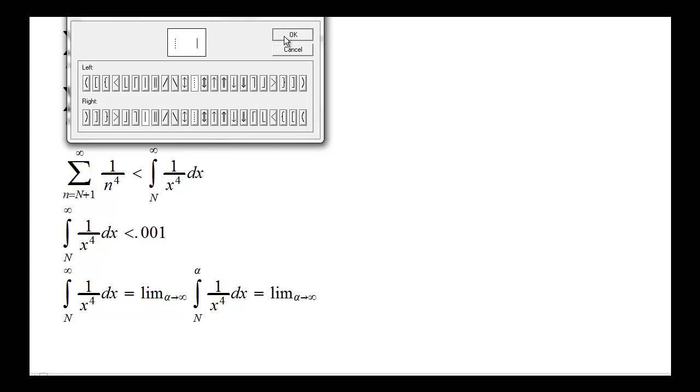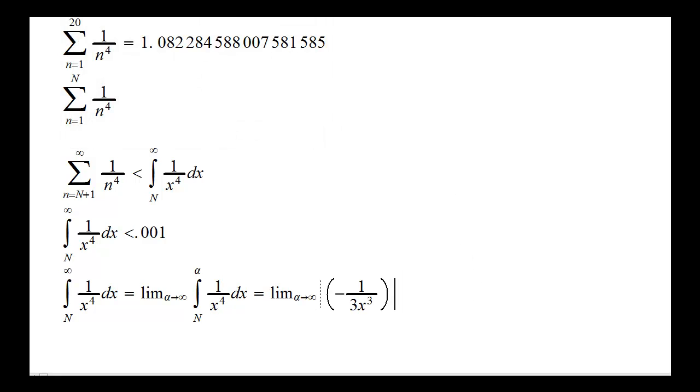So we got negative 1 over 3 times alpha to the power 3, and then we got 1 over 3 times n to the third power.